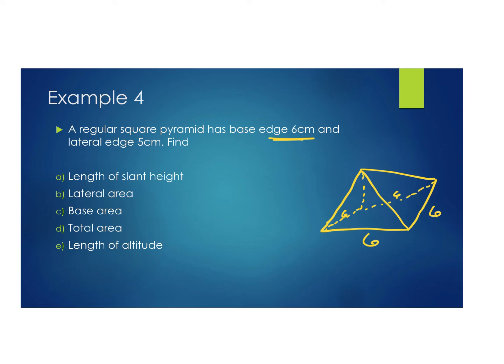Now the lateral edge goes down the side, let me do it maybe in green, the side of the lateral edge here. No, that's the slant height, sorry. The lateral edge is this over here. This is 5.